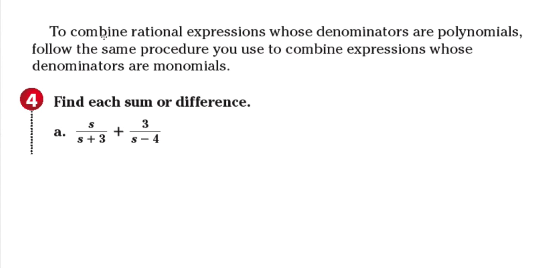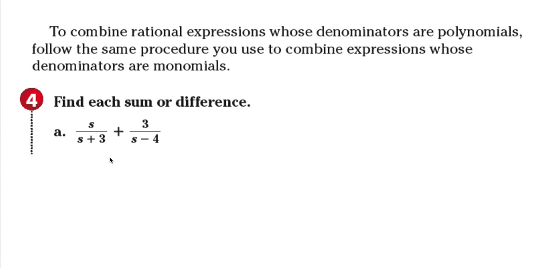So to combine rational expressions whose denominators are polynomials, follow the same procedure as you use to combine expressions whose denominators are monomials. So this is now where your head will spin if you don't pay attention closely. So find each sum or difference. So letter A, you want to find the sum of s over s plus 3 plus 3 over s minus 4.